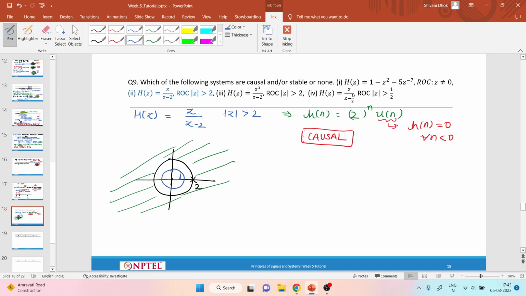So we observe that this unit circle is not in my region of convergence, which means that the system is not stable, or the system is unstable. Is this okay?